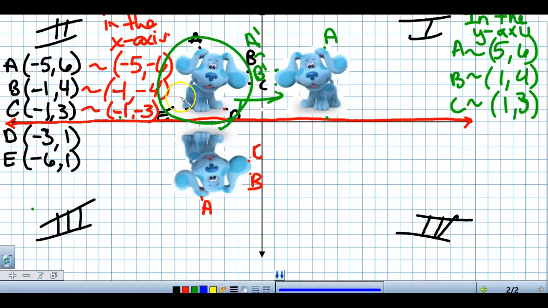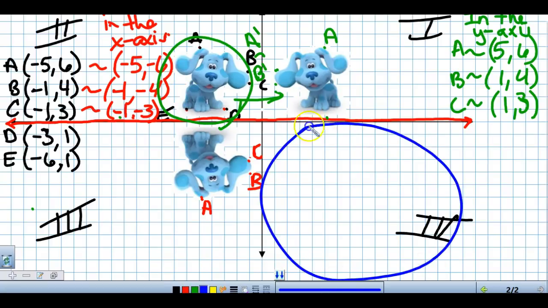The complete opposite of that would be positive x value, negative y value. It's going to end up here in quadrant 4 if you haven't put that one together. The question though is how is she going to look in quadrant 4? Keeping in mind both coordinates change signs.